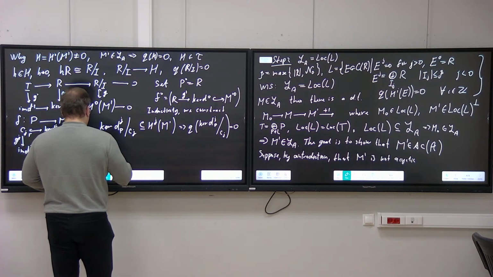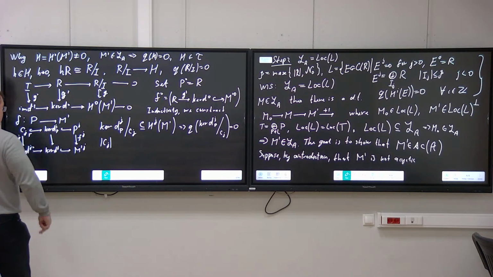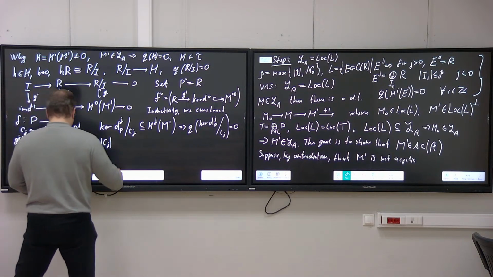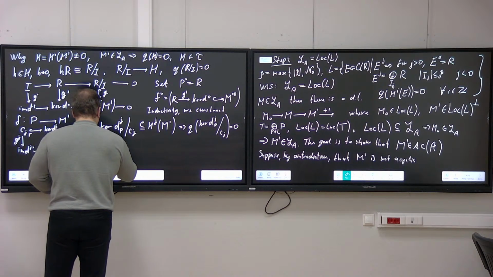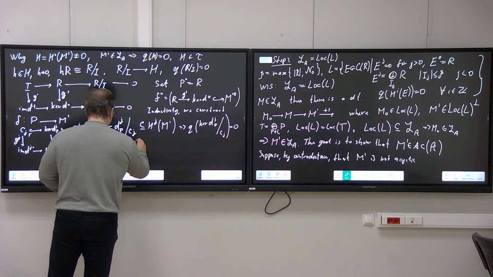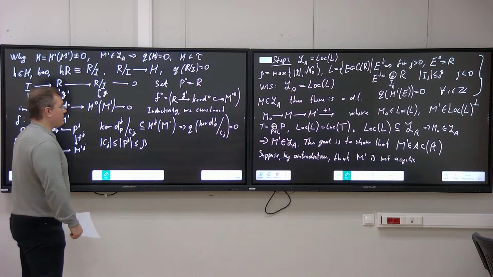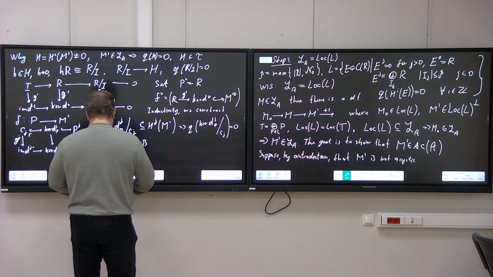Okay, so since we have two monomorphisms here, the cardinality of the C with the index j is less than or equal to the cardinality of the P with the index j, and I assume by construction that this is less than or equal to the fixed cardinality beta that we have at the beginning of step 2.